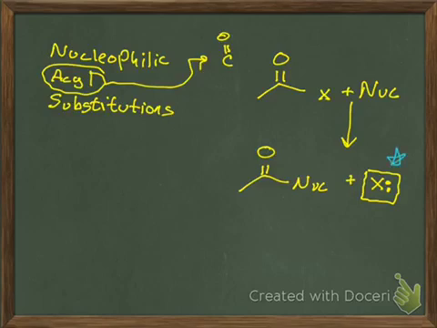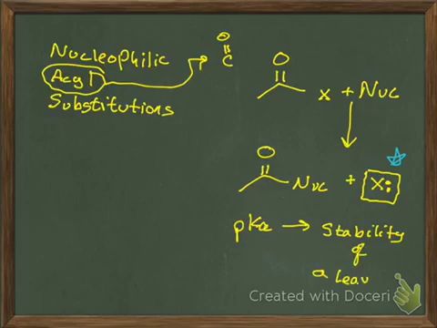Well, we can go all the way back to your friend and mine, the pKa table, where pKa, remember, was a really good measure of the stability of a leaving group.